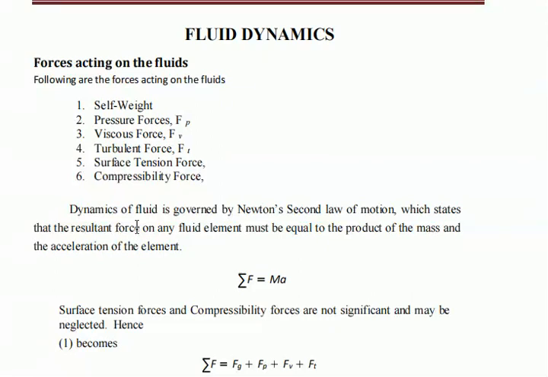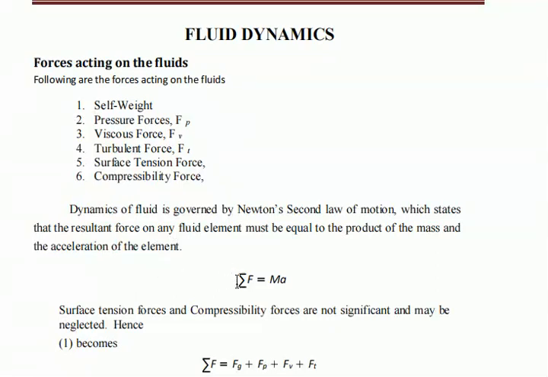These are the forces which are acting on the flowing fluid. The sum of all these forces we call the resultant force on any fluid element, and the resultant of all these forces must be equal to the product of mass and acceleration of that element.